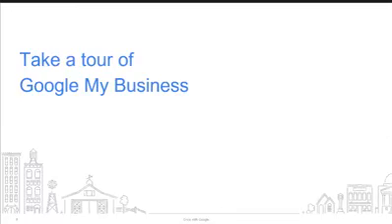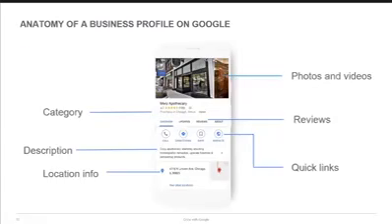So let's take a look inside Google My Business to see what you can do. Here is the anatomy of a Google business profile. When a shopper discovers your profile, they'll see information like this about your business: your address, your phone number, your contact info, your hours of operation, and more.